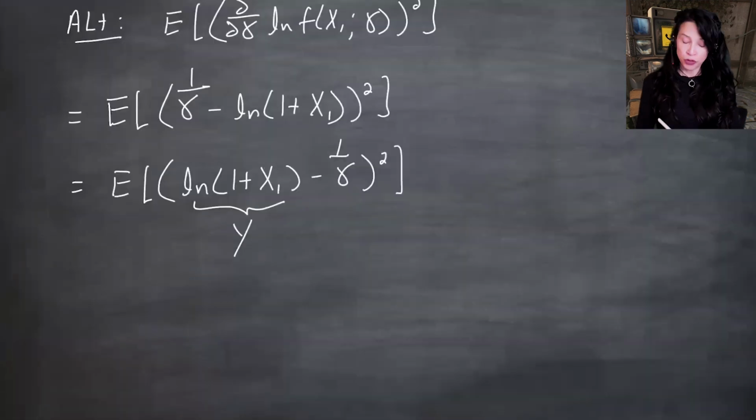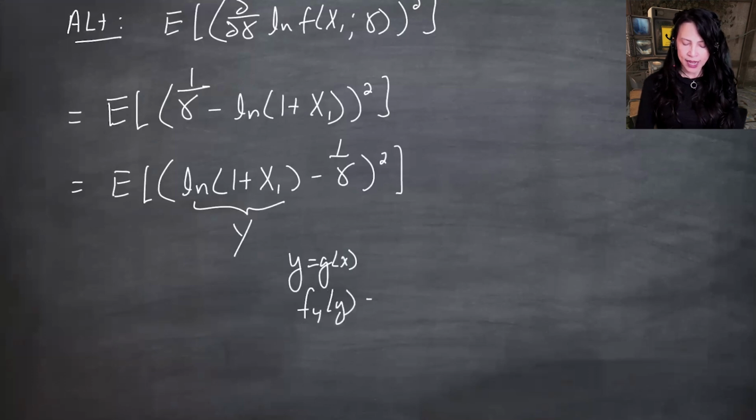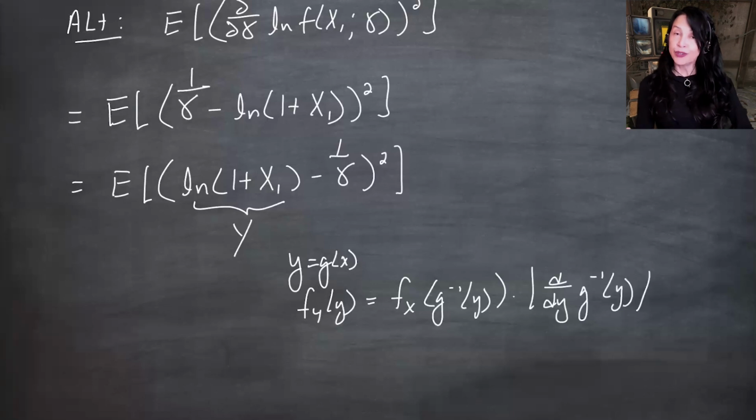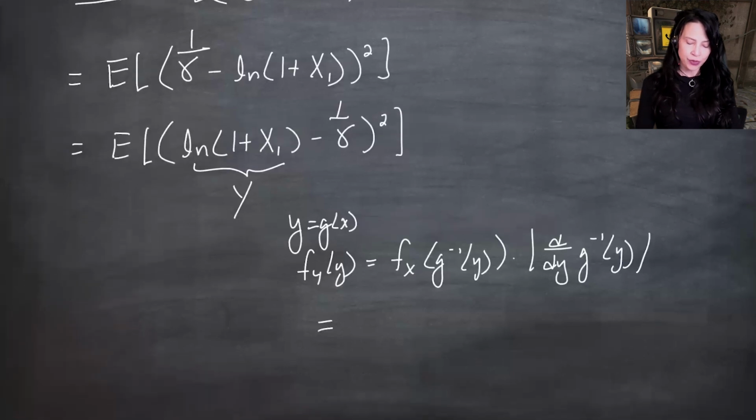If you go to find the distribution of y, doing the G inverse kind of thing, and you work out the PDF, we've done this one a couple of times now, and I don't expect you to have memorized it, but you could do this on the side here, and you would end up with gamma e to the minus gamma y, an exponential random variable with rate parameter gamma.